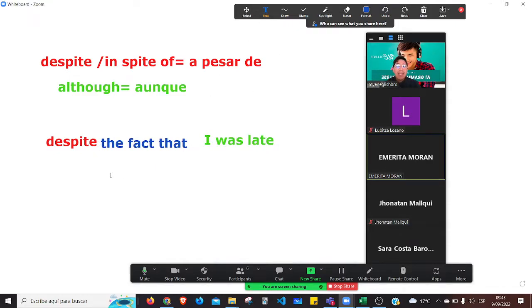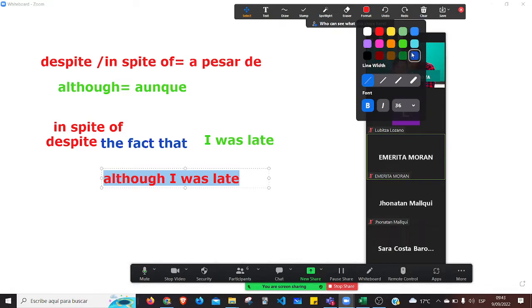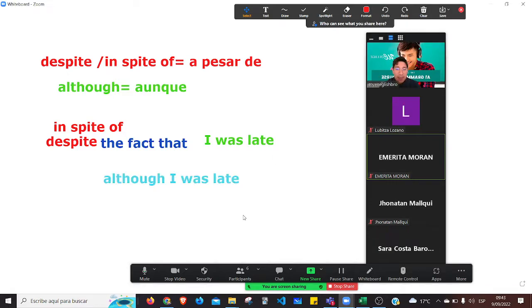A diferencia del despite o también el in spite of, tenemos el although. El although, eso sí, although I was late. El although no necesita a nadie. ¿Ok? El although va de frente.